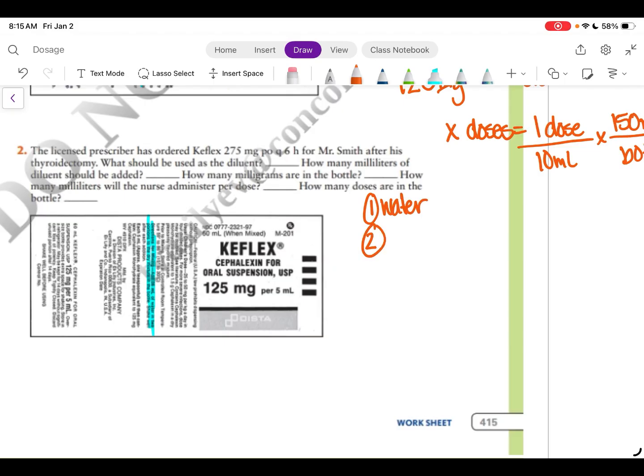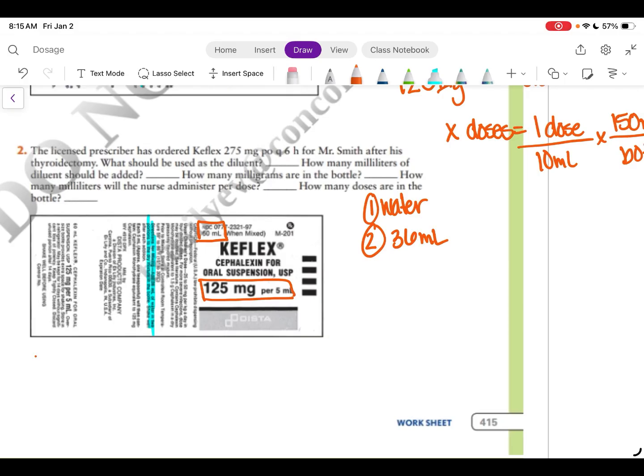How many milliliters of diluent should be added? So I think this says 36 milliliters. Okay. How many milligrams are in the bottle? Okay, so as I did before, right here is my dosage concentration, right? And then up here, it's telling me how many total milliliters are in the bottle.